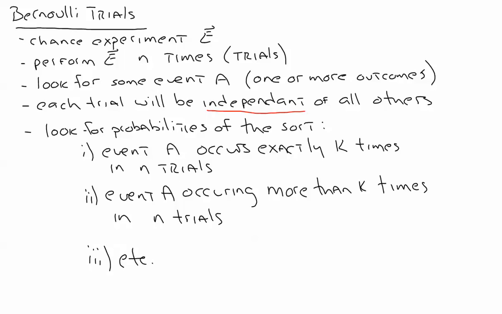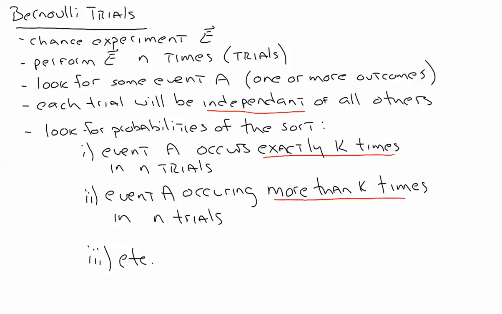Etc., etc. So we try to answer questions like event A occurring exactly K times, or more than K times, or less than K times, or more than or equal to, or less than or equal to, those kinds of things. Those kinds of questions are what we're going to be answering.